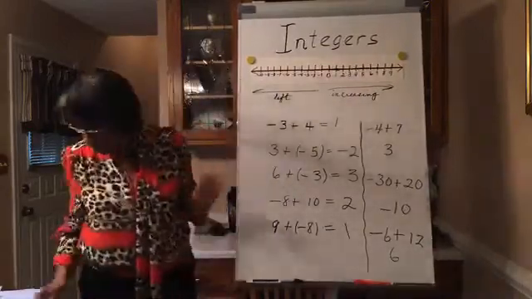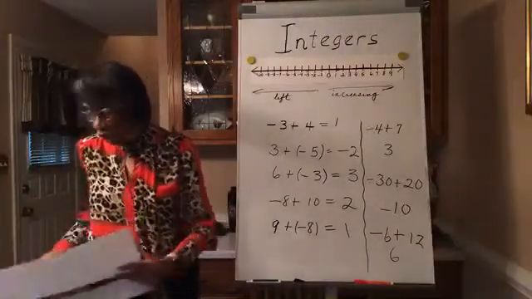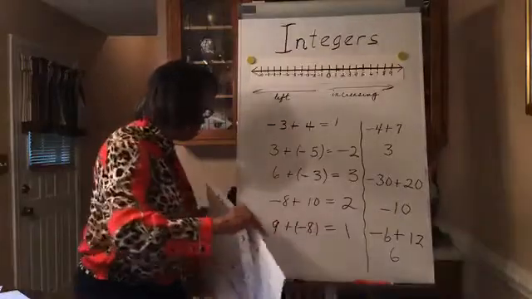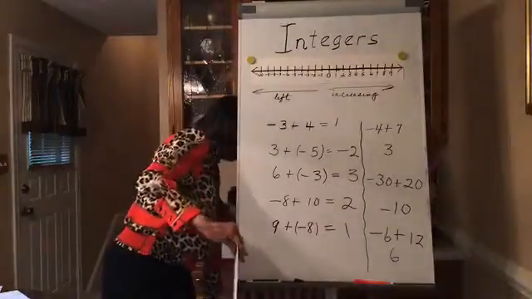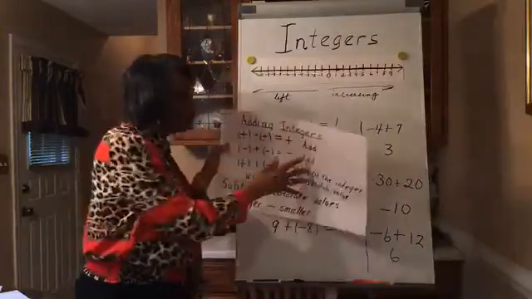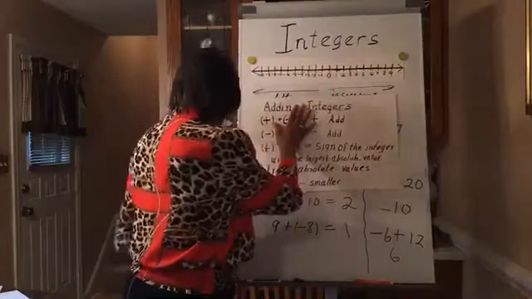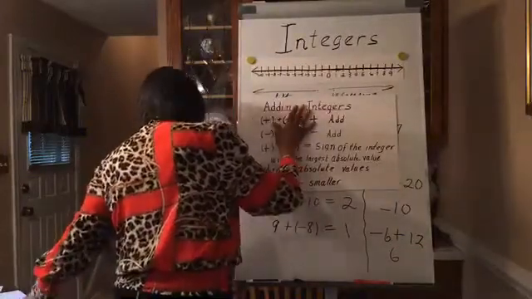All right, I hope you understand that. I'm going to put this up so that we can go through this, and be sure that you write it down and understand it. Then we're going to do a few more before we go to subtraction.